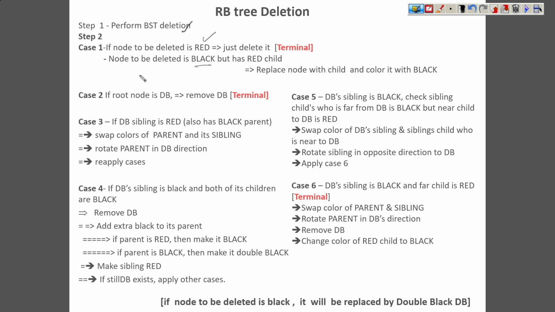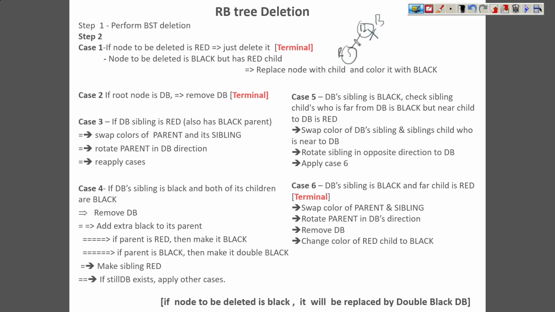So if the node to be deleted is black in color, but it has a red child, then it can be handled easily. We can replace the value of the parent with the child, and also we are going to mark this as a black color. So what does it mean? It means, let's say we have a node. Let's say this is 12, this is 5, this is black color, this is red color, and we are going to delete this node.